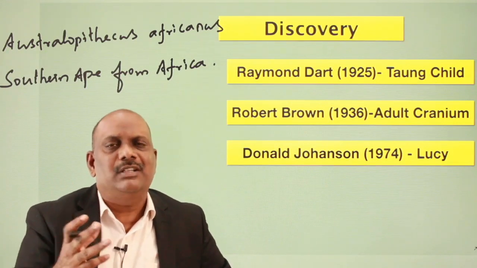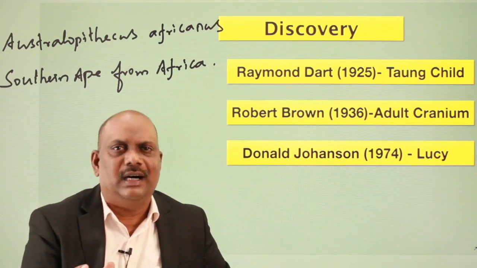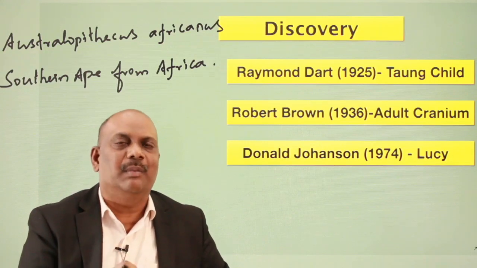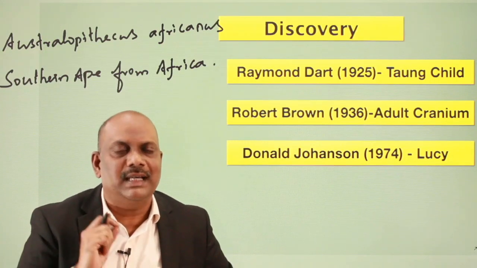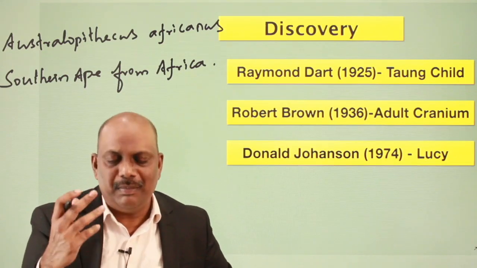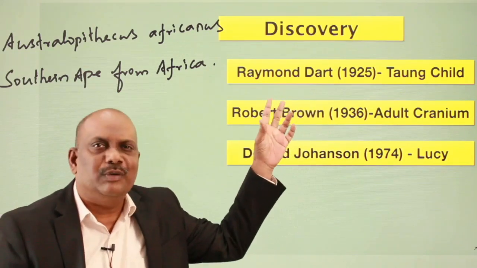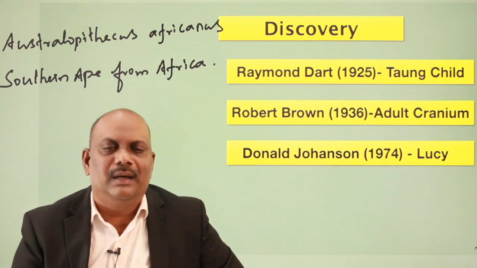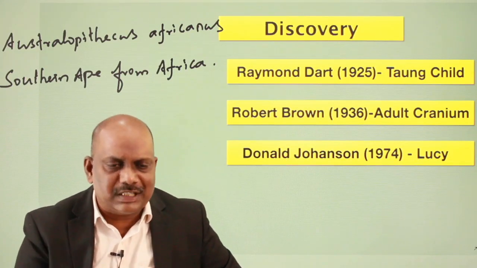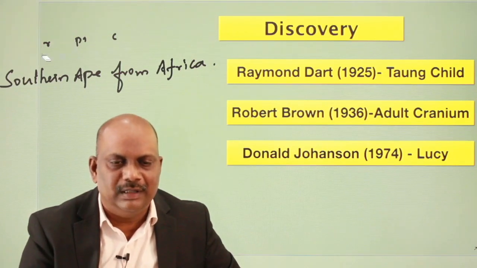And those fossils gave us ample evidence to show that Australopithecus were in the line of human evolution, that we human beings have descended from Australopithecus. So this fossil baby was very famously named the Taung baby or Taung child by Raymond Dart.